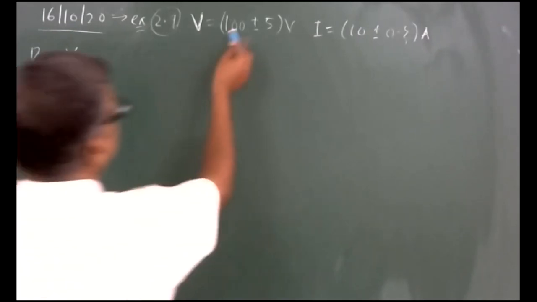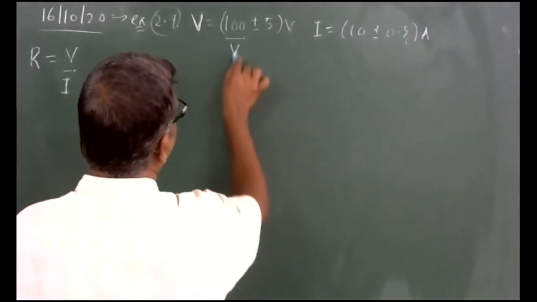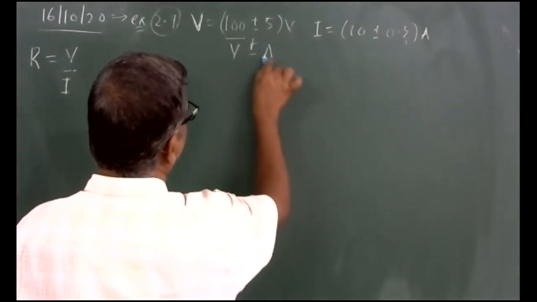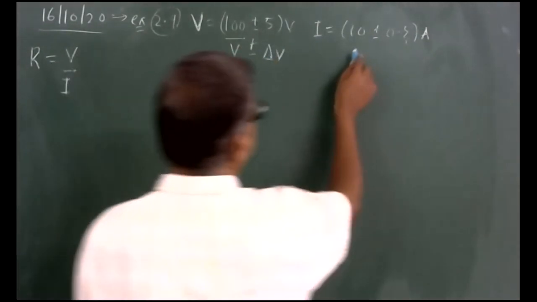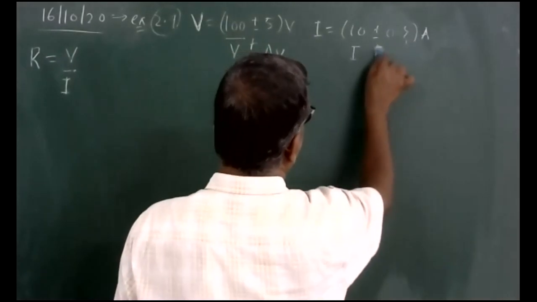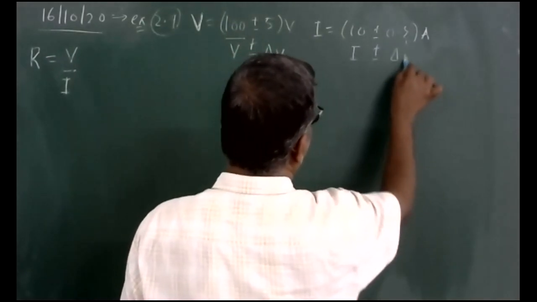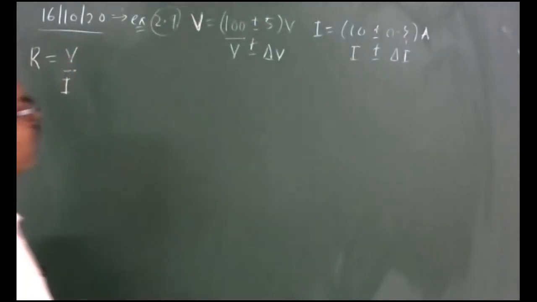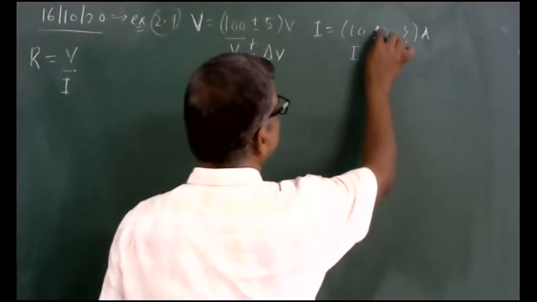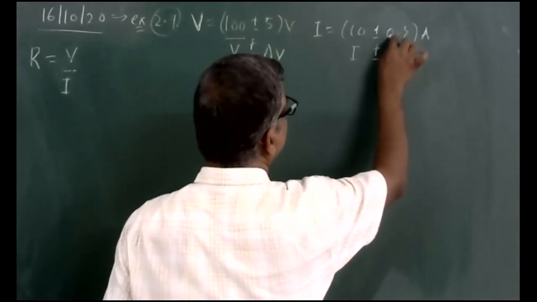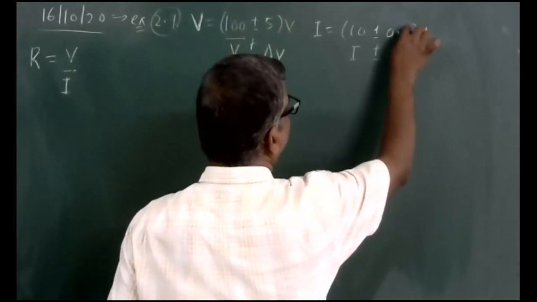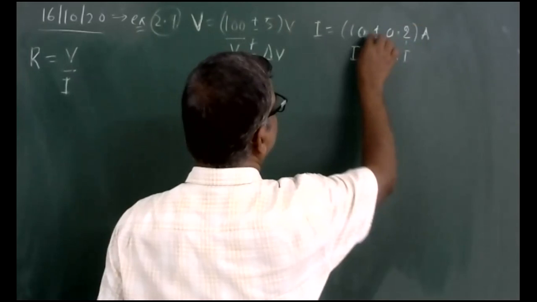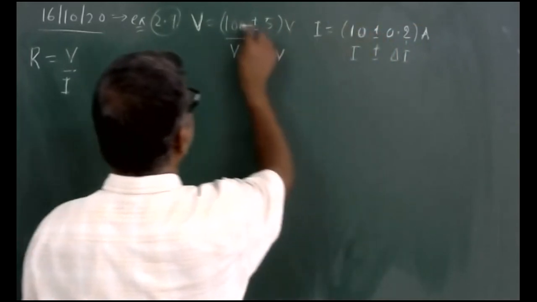It is defined in this way: V plus or minus delta V, divided by I plus or minus delta I. It will be clear on the board, don't panic. It looks like this: 0.2, this is 10, this is 100 plus or minus 5.